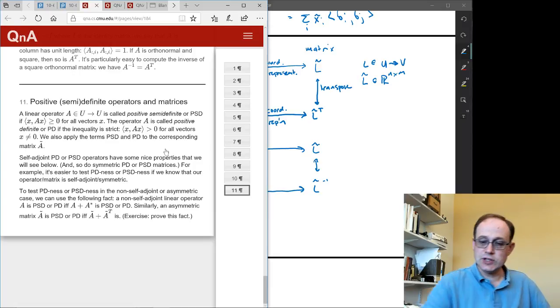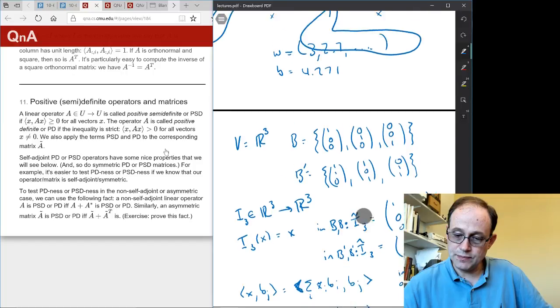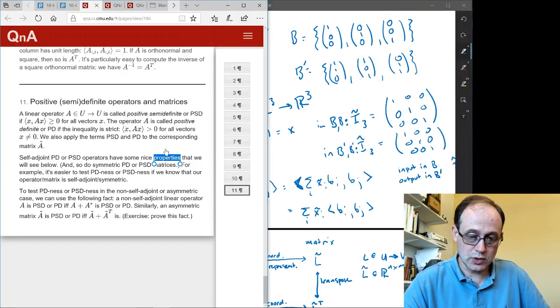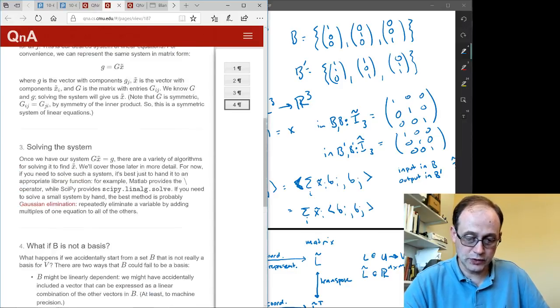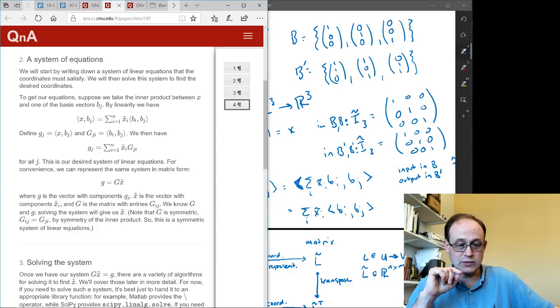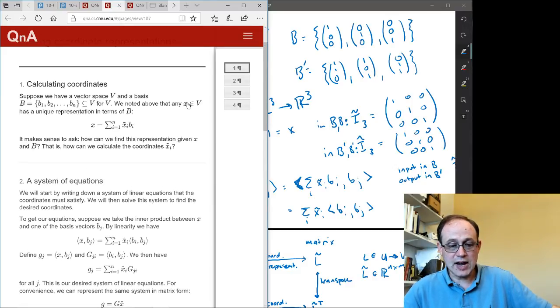Oh, we have a question now back about this algorithm for calculating a coordinate representation, right? Our assumption is that we're given a vector x and we're given a basis, meaning a list of vectors b1 through bn, and we're given the ability to compute dot products among vectors.